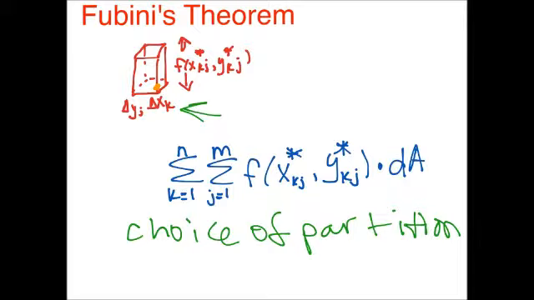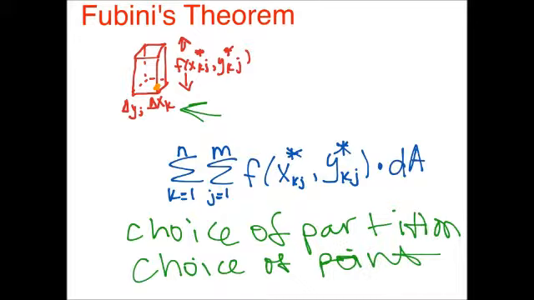And the choice of the points inside is different too. You need to choose a specific point to focus on, but that point can be chosen at random within the partition. So you have a choice of point and a choice of partition, and for all these choices, we are considering this limit.